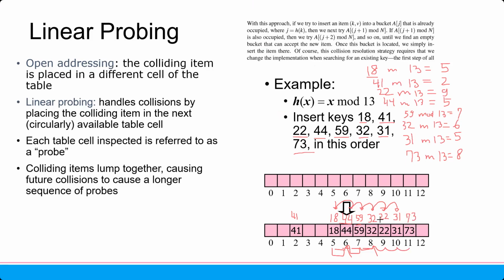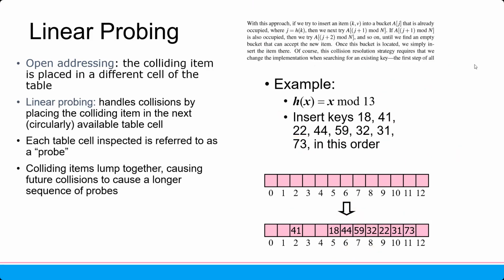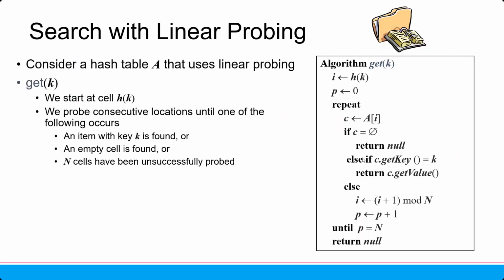So we don't need the separate chain. We don't need another bucket. We just need to find the empty slot. So whenever we do linear probing, we can save the value.